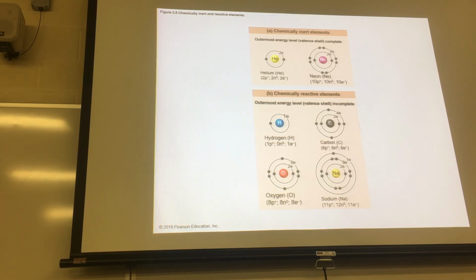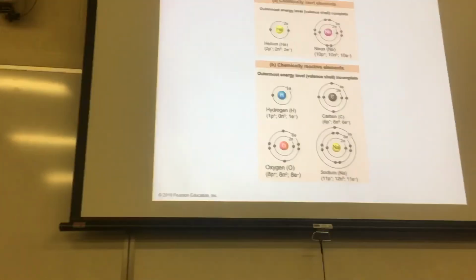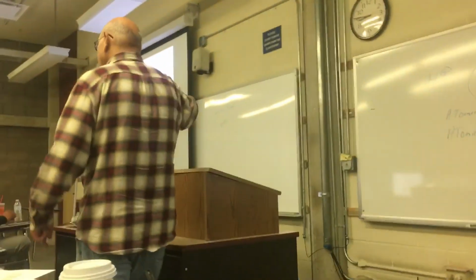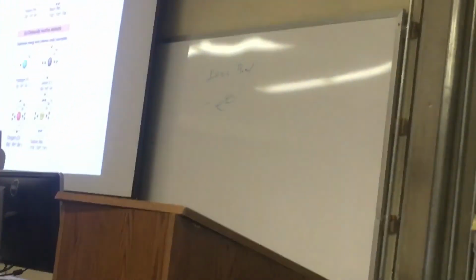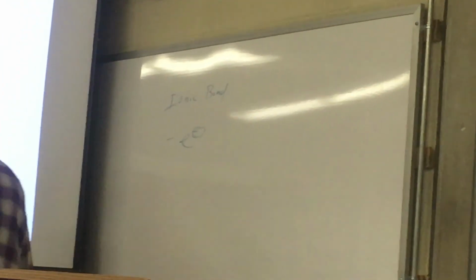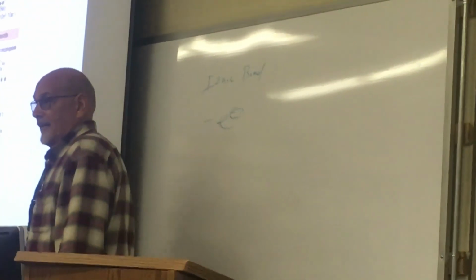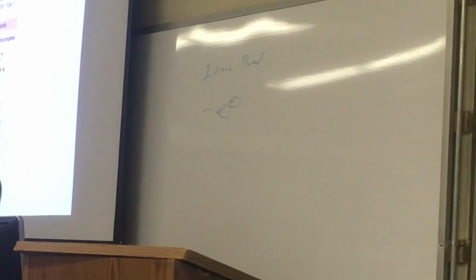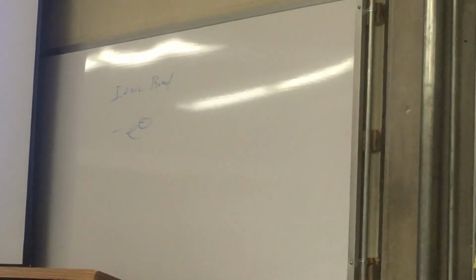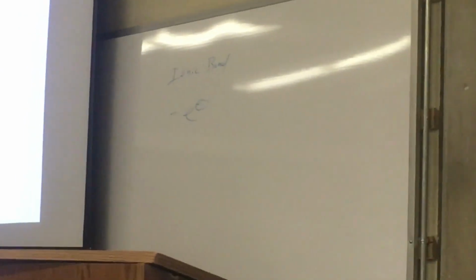Well, if I have 7 in my outer ring and the other guy only has 1, what's the most obvious thing that's going to happen? He's going to give up his electron to the one that has 7 to balance out these two atoms. Like sodium and chlorine, and nice. That's what's going to happen. So either I'm going to give up an electron, or I'm going to accept one. That means ionically bonded.